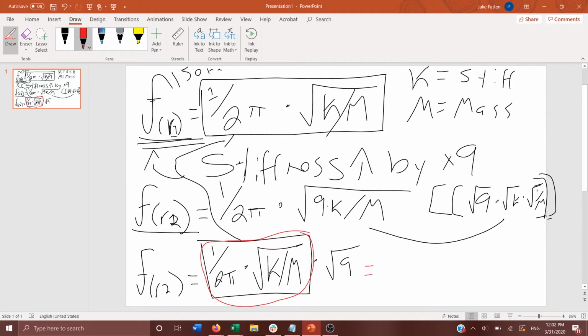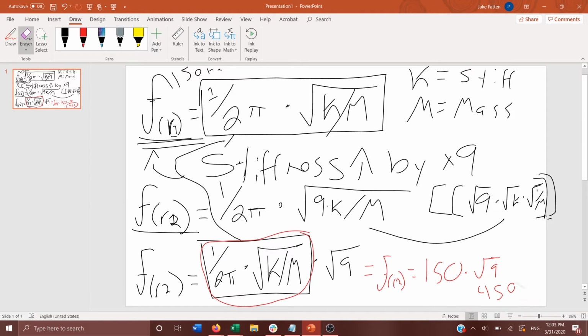So you can then rewrite this as FR2 equals 150 times the square root of 9. Well, the square root of 9 is 3, so it's 150 times 3, which means it's 450. That's your new frequency, 450.